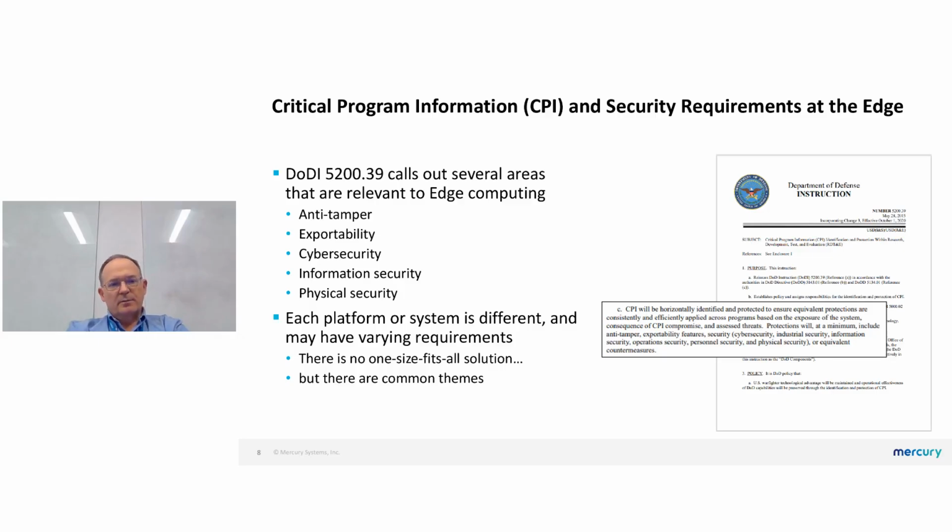With respect to edge computing, among the most important of these include anti-tamper, that is the ability to deter, deny, detect, and respond to actual hands-on tampering with the device.